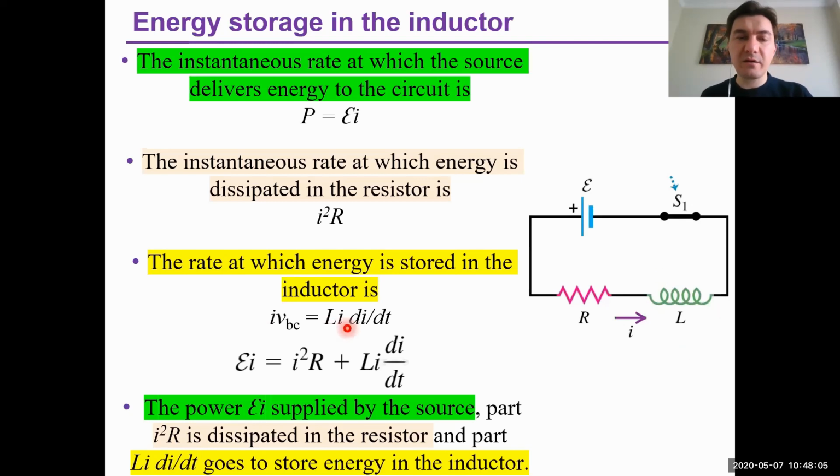We have done it during the last lecture. This is the current, this is the potential difference, L times di over dt, the potential difference across the inductor, and then we have that expression. So we deliver energy or power to the circuit, to the system, and some part of the power is dissipated in the resistor, and some part of it is stored within the inductor. So this is the energy storage in an inductor.